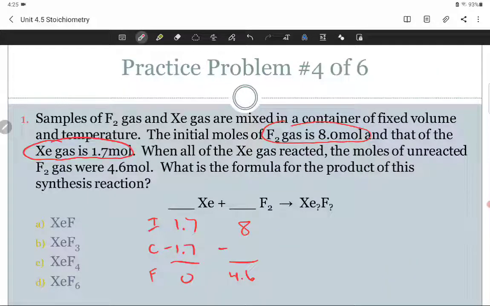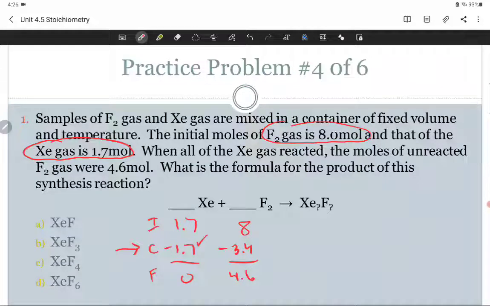So what number would we have to subtract to get the 4.6? I think that would be a 3.4. And remember I was telling you that the change has to reflect the balanced chemical equation. Normally we have a balanced chemical equation and figure out the changes. Well, in this case, we have the changes so we can figure out the balanced chemical equation.